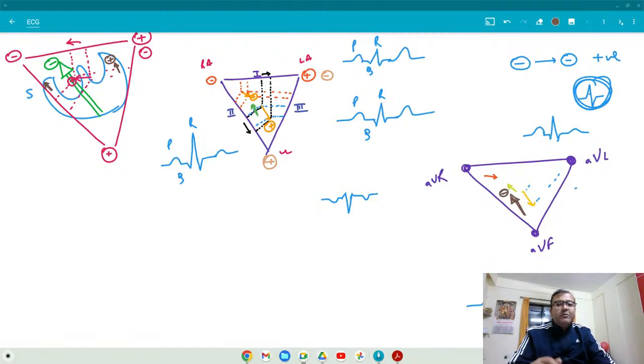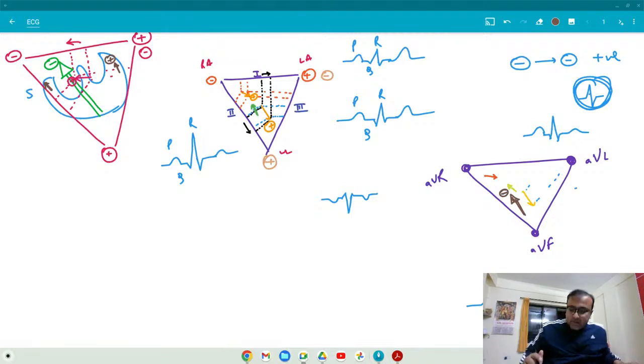So if we talk about lead one, lead one was created using two electrodes or using one electrode? Two, so bipolar. Augmented leads, they used one electrode or two electrodes? One electrode, so unipolar. Simple.